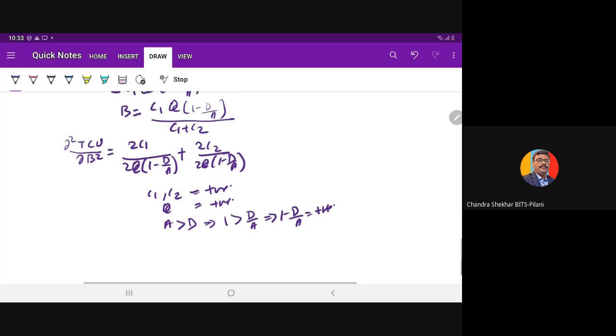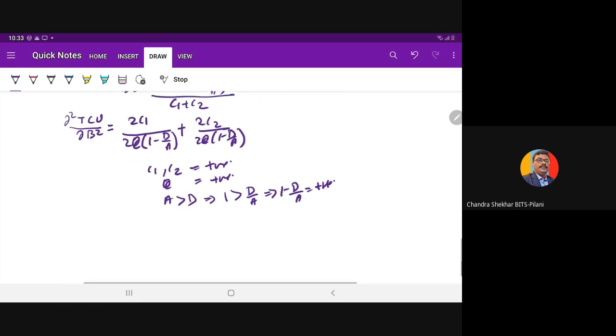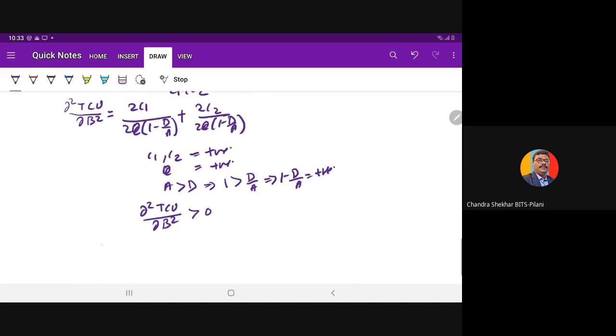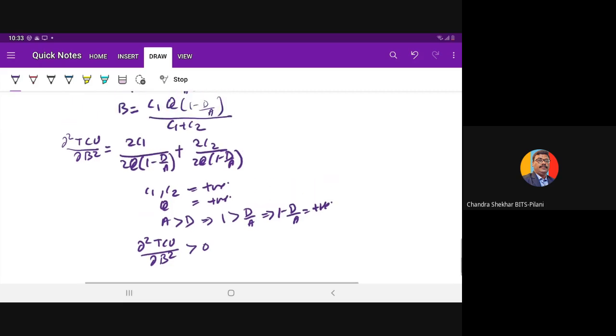So with all the quantities positive, del square TCU upon del B square is positive. So you can say that at this B, TCU is minimum.